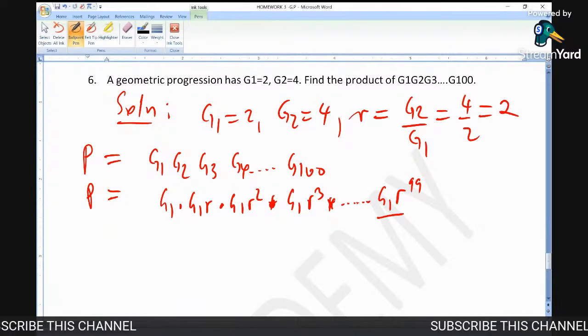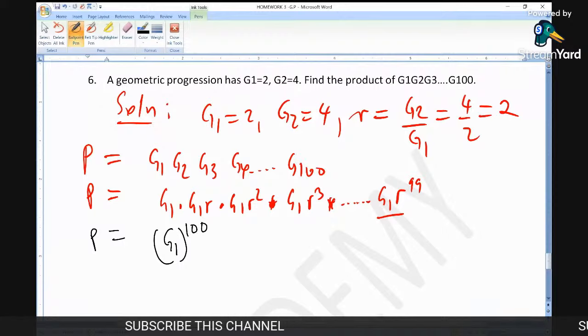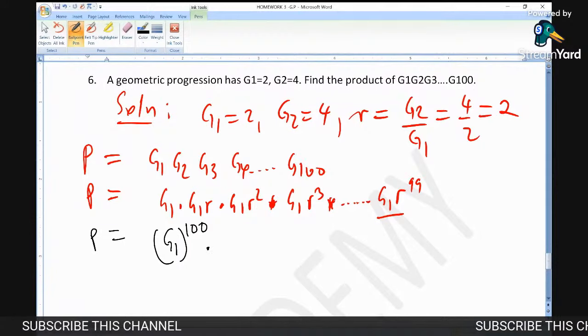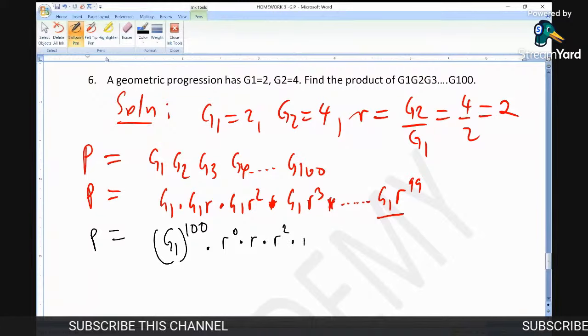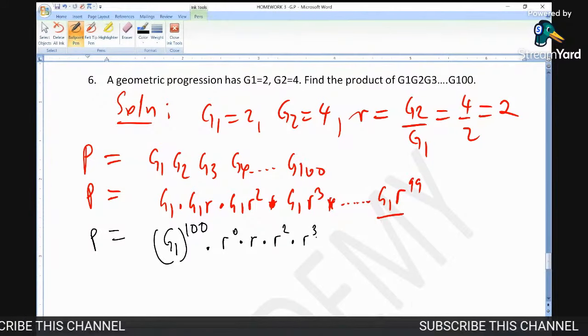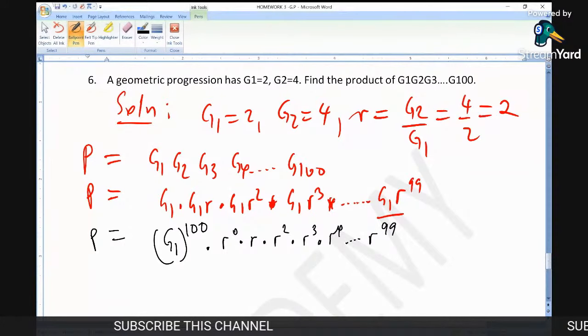So it means the product will be G1 power 100 times r power 0 times r square times r power 3 times r power 4, up to r power 99, okay?